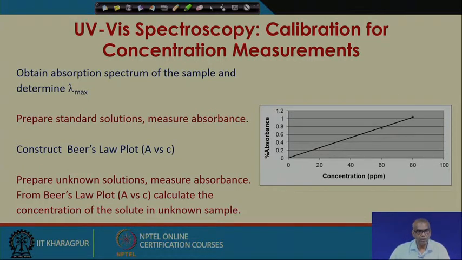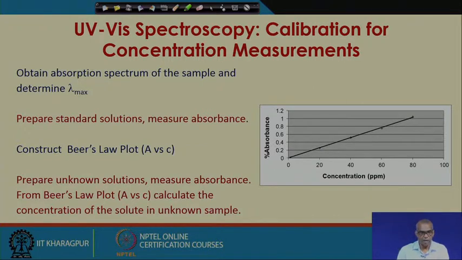To set up a calibration for concentration measurement, we first need to know the lambda max. So, obtain the absorption spectrum of the sample and determine lambda max. Now, prepare standard solutions, measure absorbance, and construct Beer's law plot, that means absorbance versus concentration. So, first let us know the lambda max, then prepare standard solutions of known concentrations of that sample.